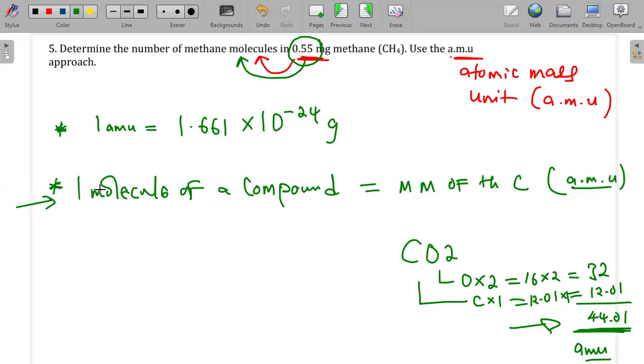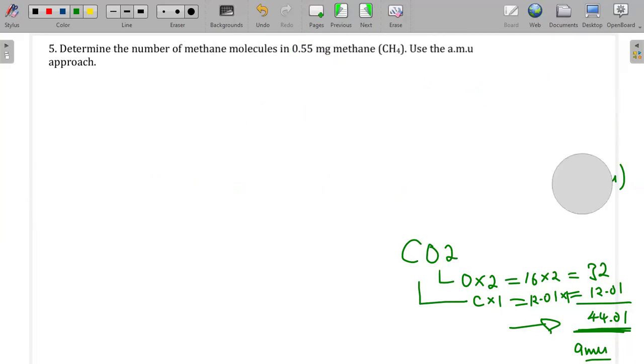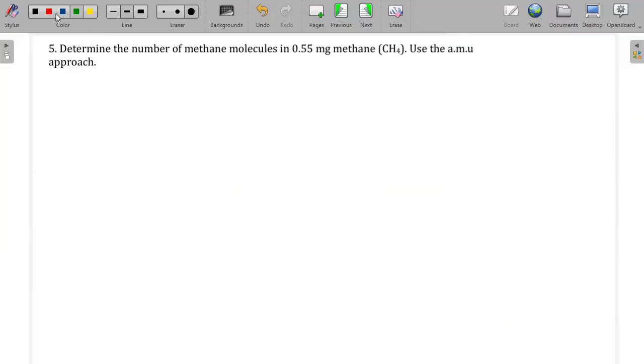And then what about this number of atomic mass units? How many molecules are they going to have? That's what we're going to be using to convert. But the mass that you have there for the compound should always be in grams. Now you can see what we have is 0.55 milligrams.